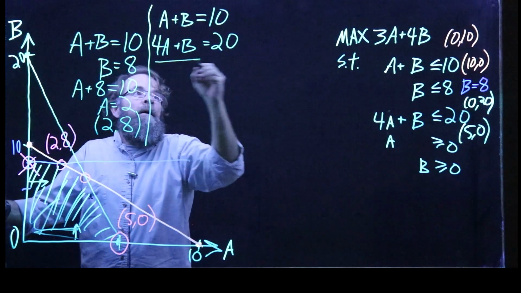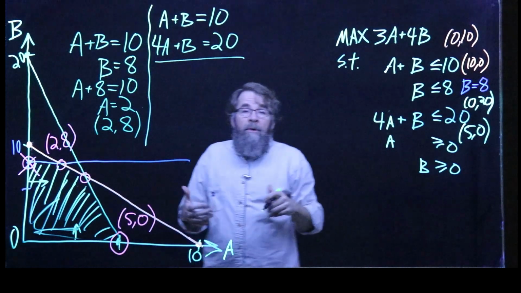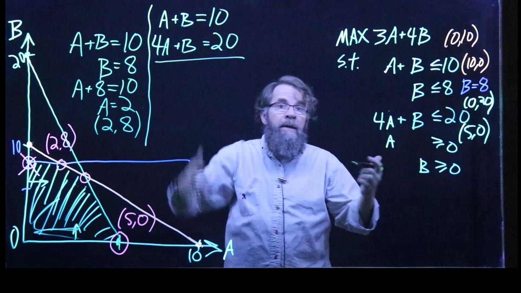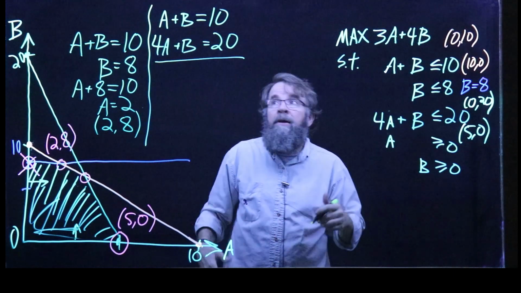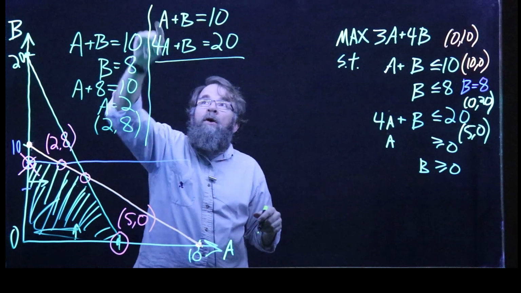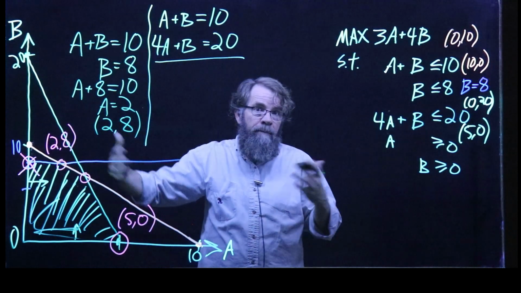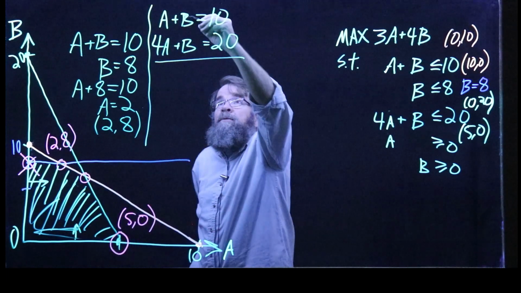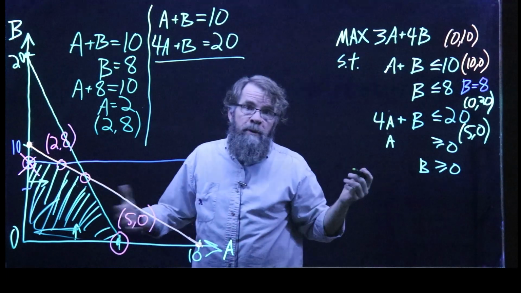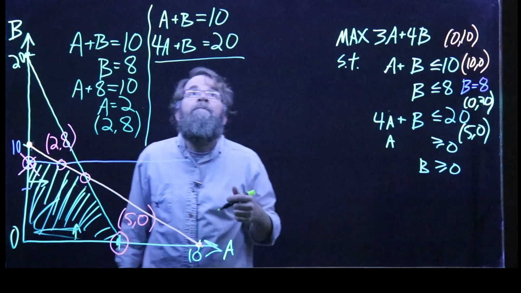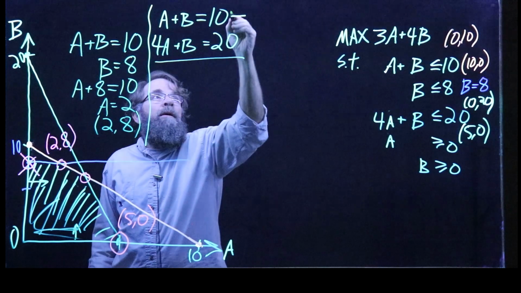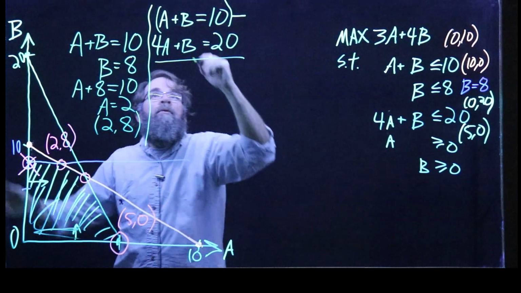Okay. Now what I need to do here is I need to multiply usually one of these equations by something, or maybe both of them by something, so that they have the same number as a coefficient. But I got lucky on this one because we have a b times 1 and a b times 1, so I don't need to do any multiplication. So I'm going to take the bottom one and subtract the top one off of it.